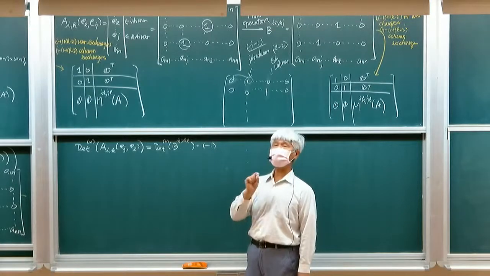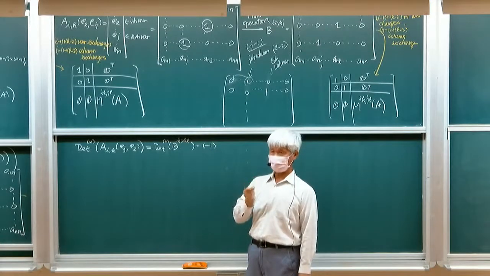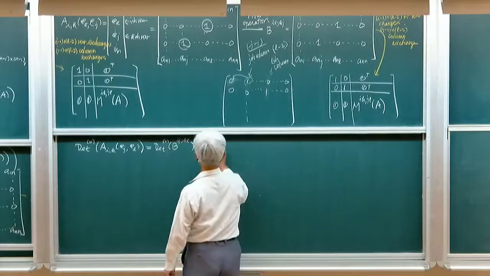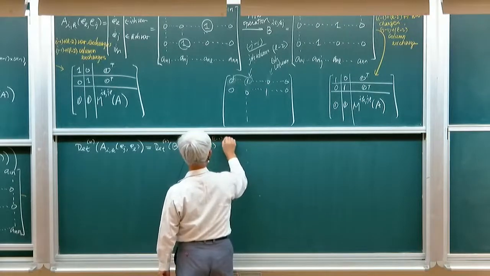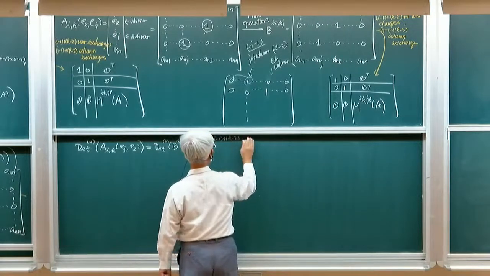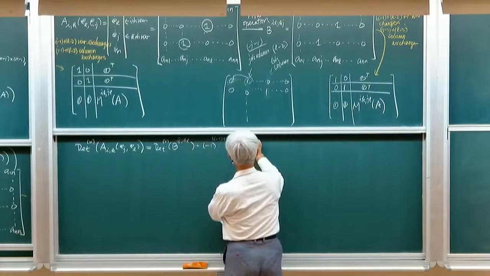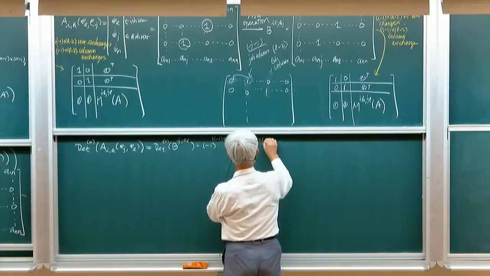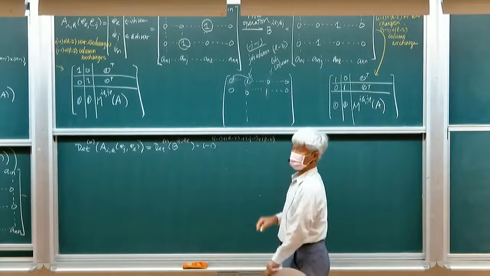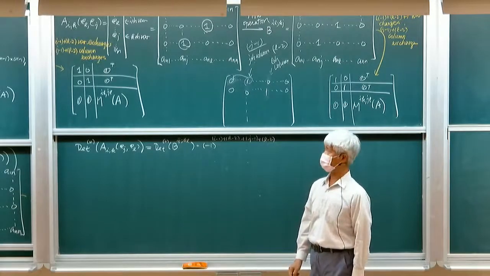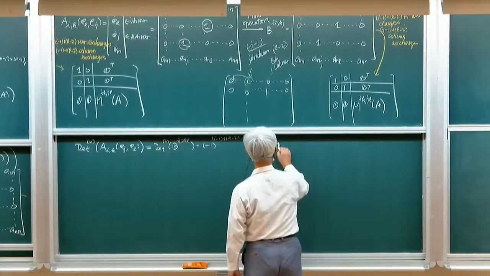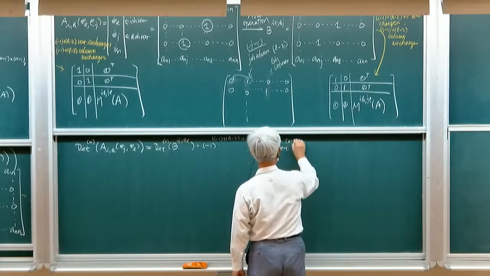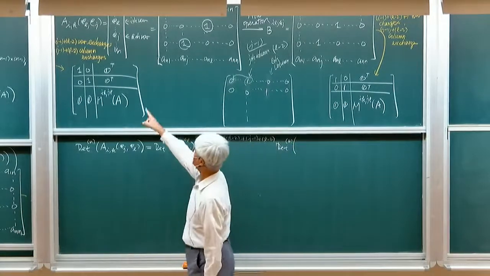So how many times do you change the sign? Well, it would be i minus 1 plus k minus 2 plus j minus 1 plus l minus 2. So you change the sign that many times, and then you have the determinant of this (n-2) matrix.